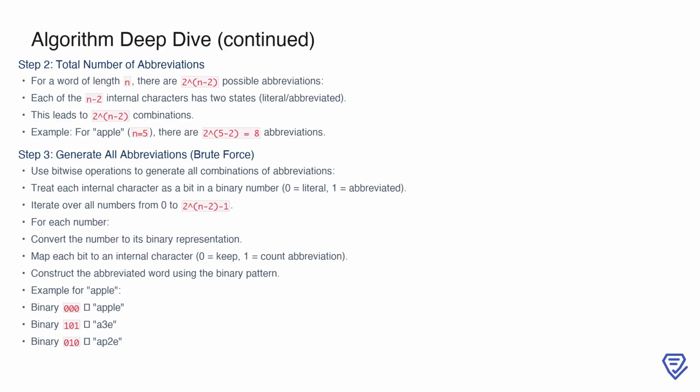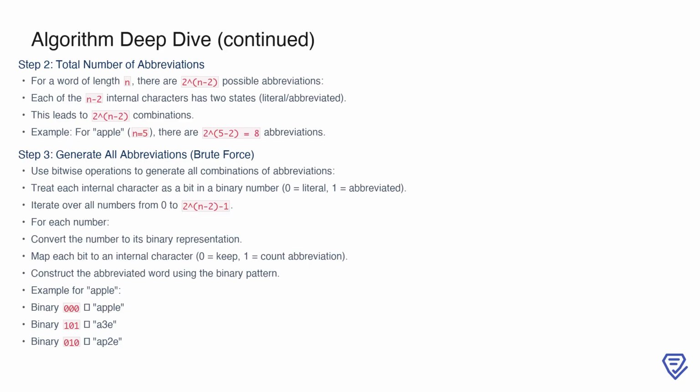To generate these abbreviations, one brute force approach is to use bitwise operations. Here, each internal character is represented as a binary bit, 0 for keeping the character literal and 1 for abbreviating it. By iterating through all binary numbers from 0 to 2^(n-2)-1, we can systematically generate every possible pattern.